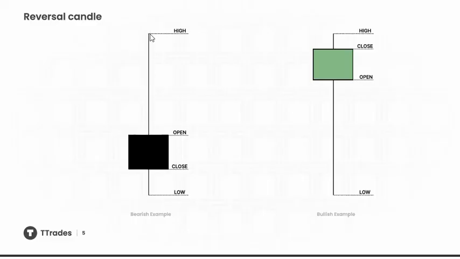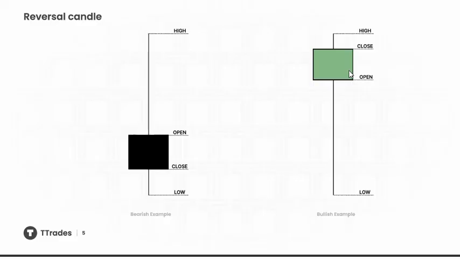So any reversal candle has a larger wick, and then the body is very, very small relative to the wick. A bullish reversal candle is also the same. With a bullish reversal candle, we have the wick of the candle being the larger part of the candle and the body being the smaller part. Do you get it?